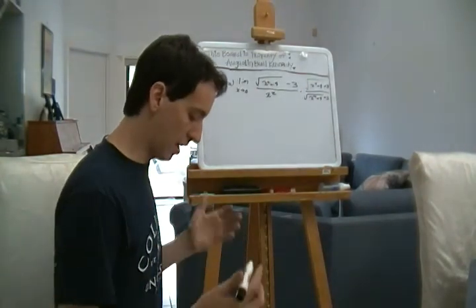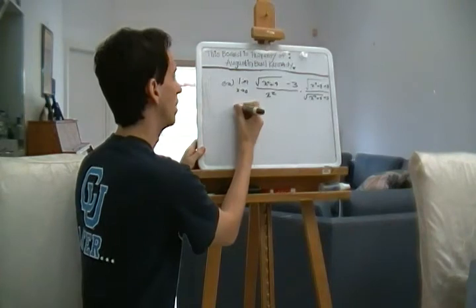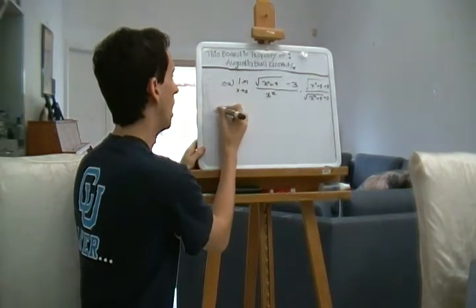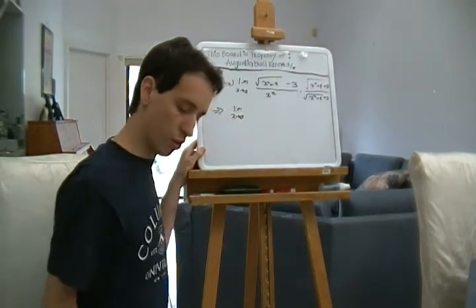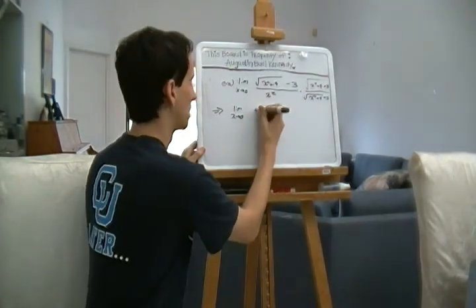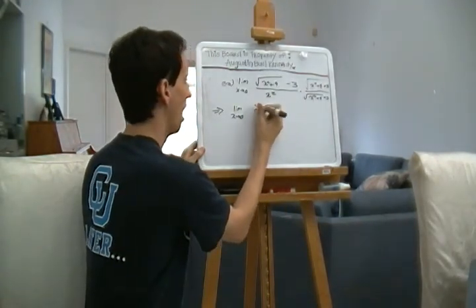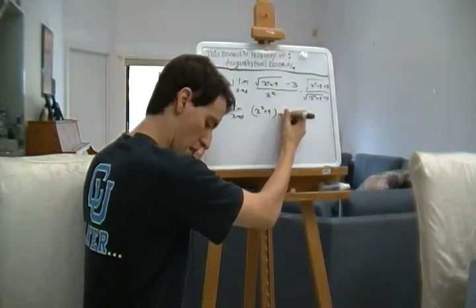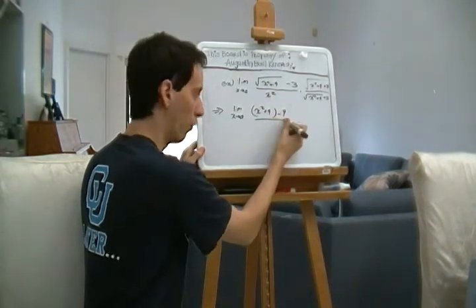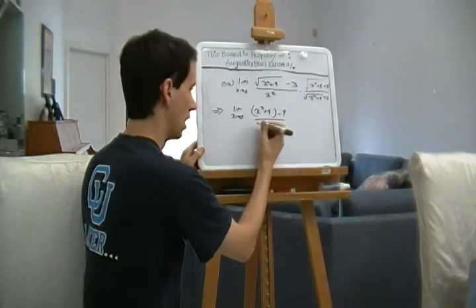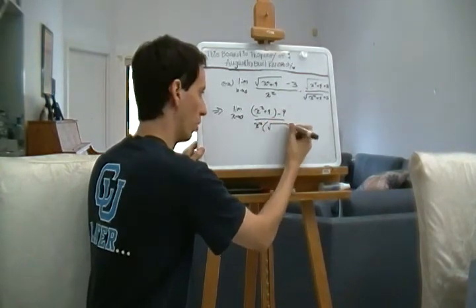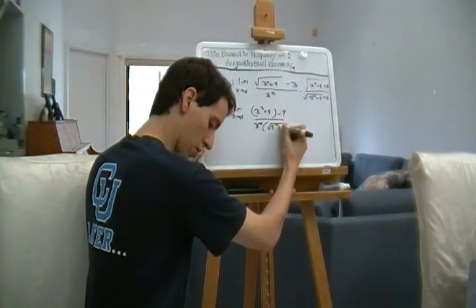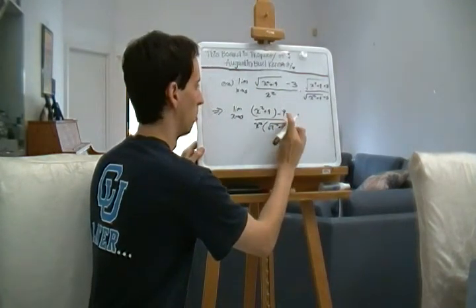And when you multiply that together, what we're now looking for is the limit as x approaches 0 of a new numerator, x squared plus 9 minus 9, over x squared times the square root of x squared plus 9 plus 3.